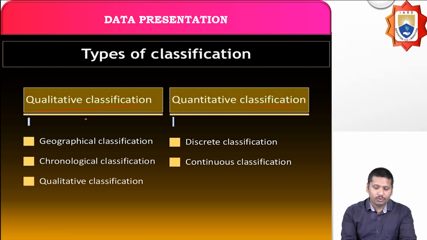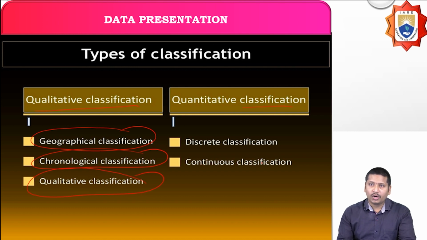If I take qualitative classification, it may be geographical classification, chronological classification, and qualitative classification. When it comes to quantitative classification, it is discrete classification and continuous classification.